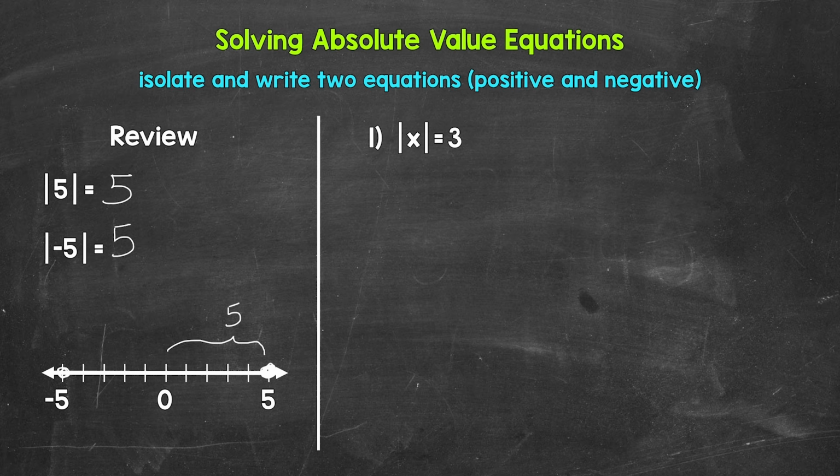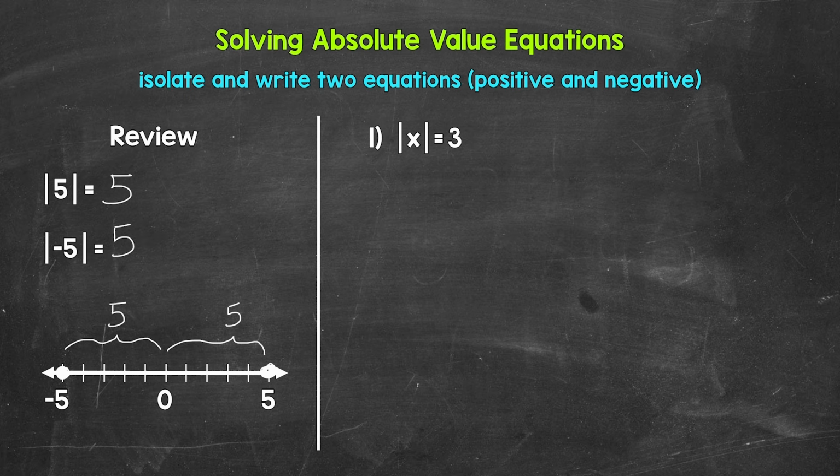And taking a look at the number line, here's -5. The distance from 0 is also 5 units for -5. Keep in mind, the absolute value of a negative is always going to be positive. It's the distance from 0. So the absolute value of +5 and -5 is 5.